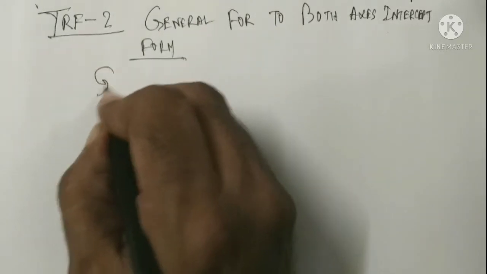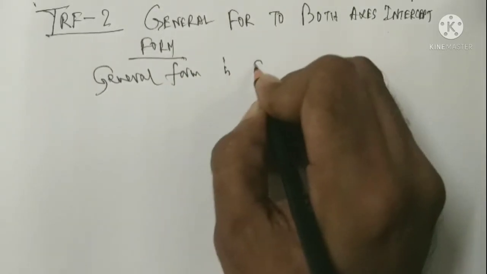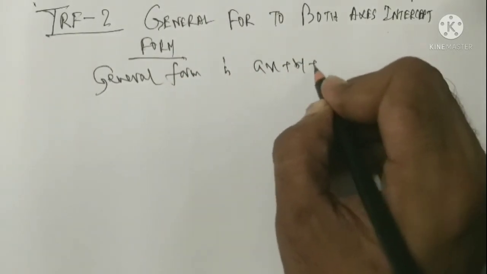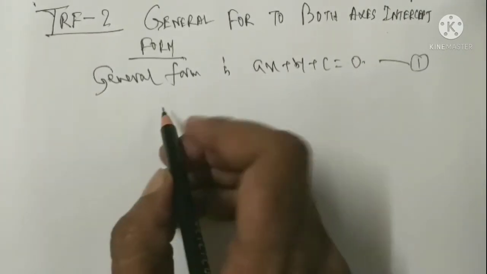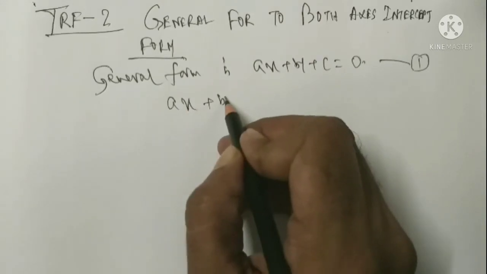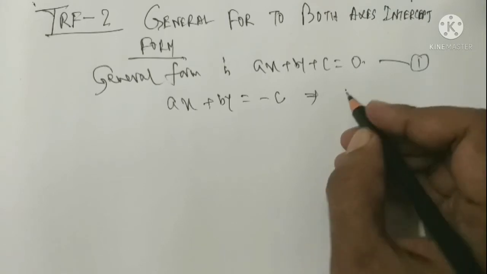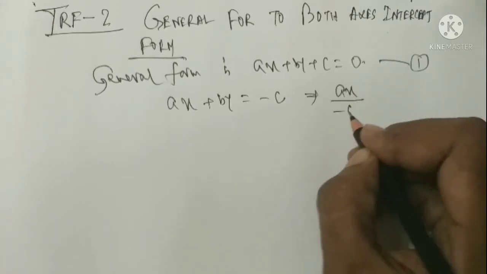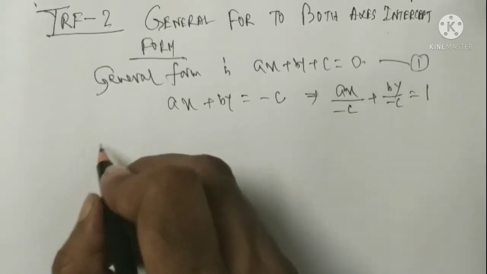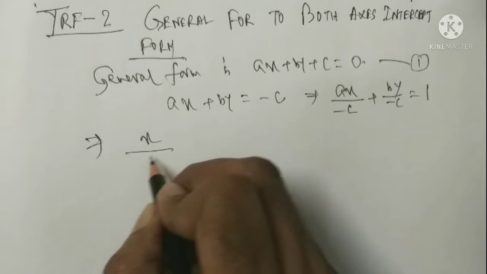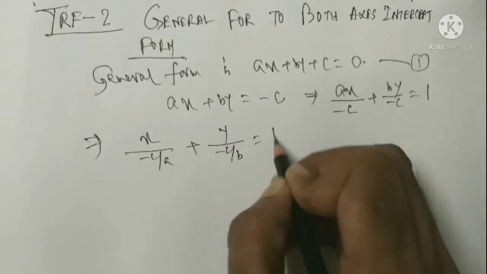General form is ax plus by plus c equals to 0. This is number 1, and we set this ax plus by equals to minus c. Dividing both sides by minus c, we get ax by minus c plus by by minus c equals to 1. Now setting it is x by minus c by a plus y by minus c by b equals to 1.